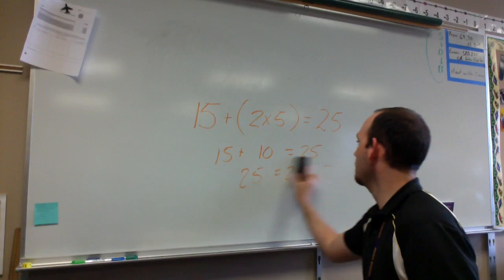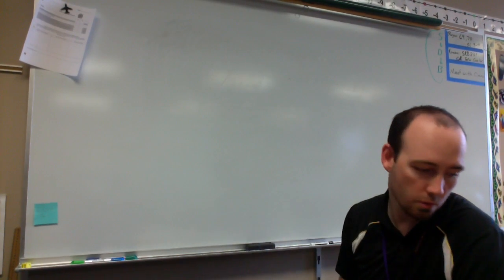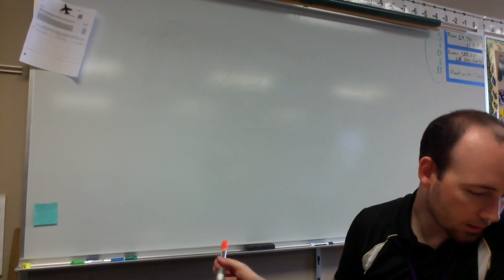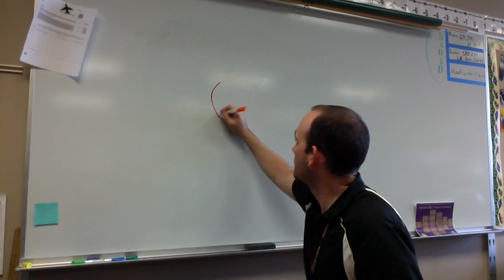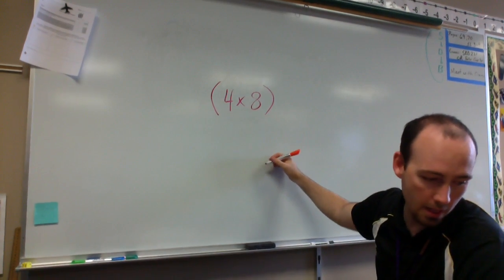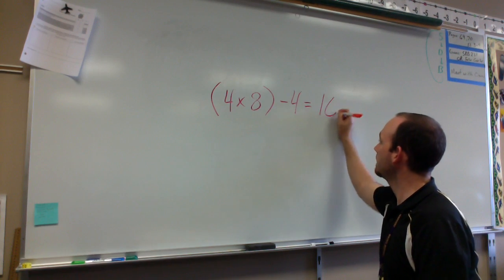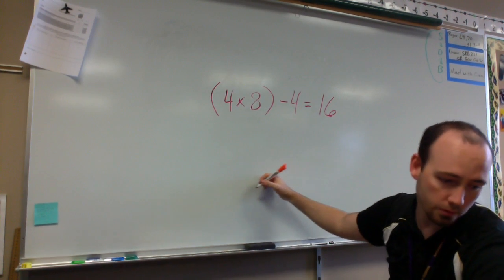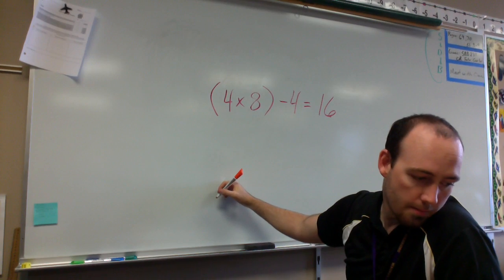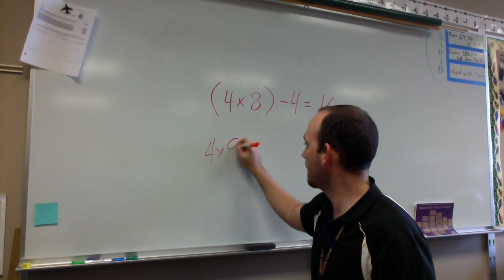Let me give you a couple more examples for you to decide if they are true or false. So let's try this one with, in parentheses, 4 times 8, like that. We're going to say minus 4 equals 16. And we'll do one more. Let's do maybe something like 4 times 9.